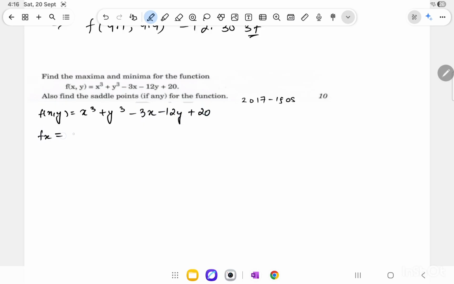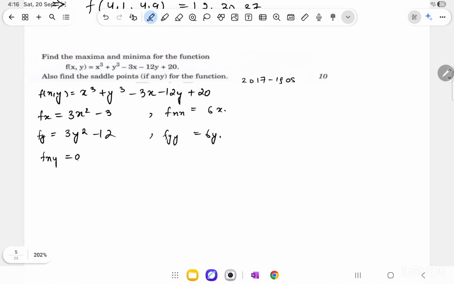So fx will be 3x square minus 3 and fxx will be 6x. Likewise fy will be 3y square minus 12 and fyy will be 6y, and fxy will be 0 only.